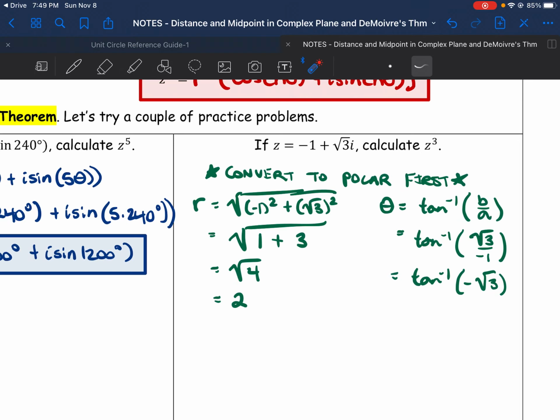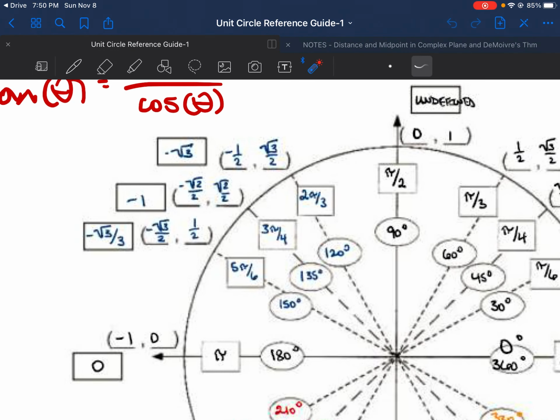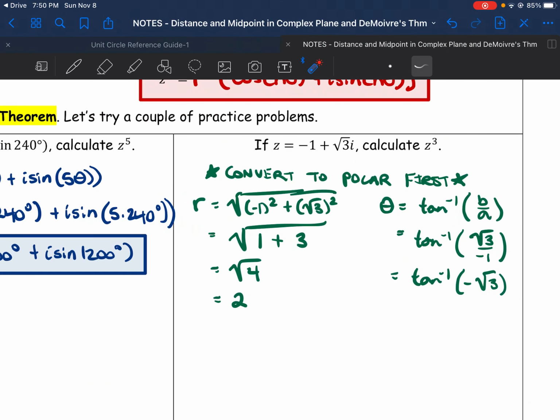So where in the second quadrant do we have an angle with a tangent value of negative square root of 3? If we look at our second quadrant here, there's our tangent value of negative square root of 3, and it's occurring at 120 degrees, or you could use 2 pi over 3 radians if you wanted to. Let's use 120 degrees.